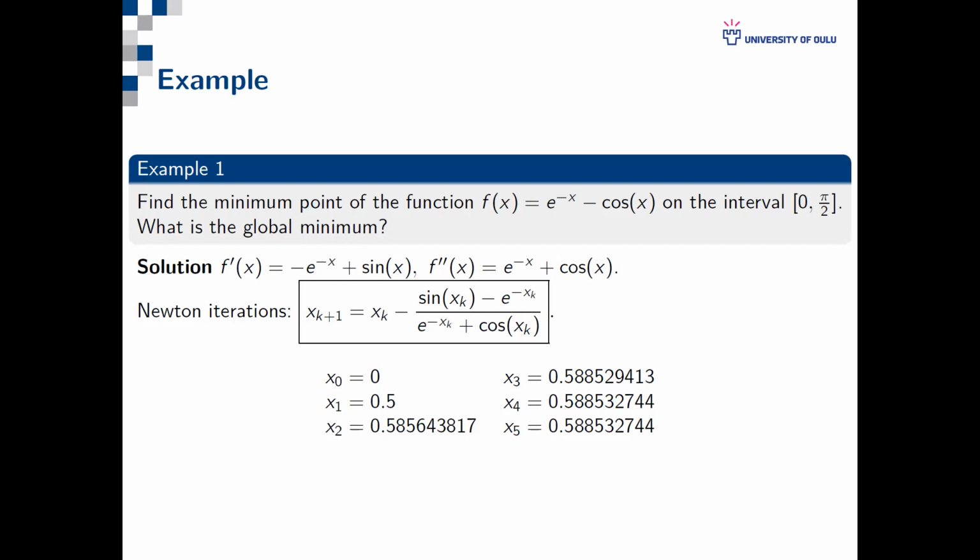And then, of course, there is the problem that if you choose this x0, so the interval where you start these iterations, if this is too big, then there is the problem that it is called slow death. The iterations can take 100,000 iterations, and it slowly approaches the minimum point.